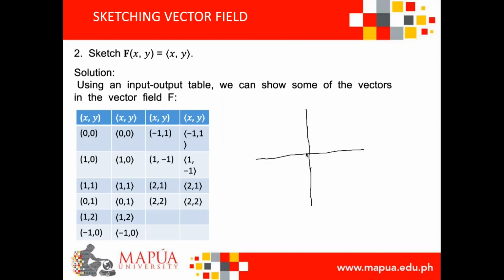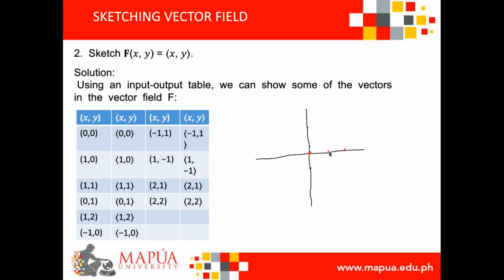So we have here at 0, 0, therefore this will also be the components of your vector F, which is 0, 0. When you have 1, 0, 1, 0 is right here. Then you have the components of your vector field to be 1, 0. So we measure from the right, because this is your x component, then this will be your y component, which is 0.